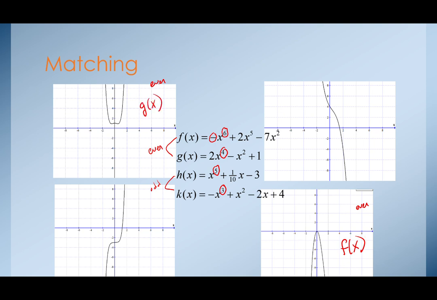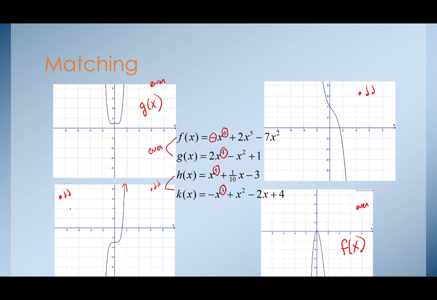Now, we know the second two, h and k, are both odd, so the endpoints have to go in opposite directions. So this one also has to be odd. Same story here: our h of x equals x to the fifth plus and so on, so its end behavior should look like our regular old x cubed, which is this one.